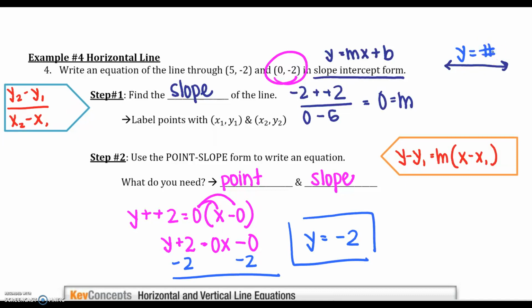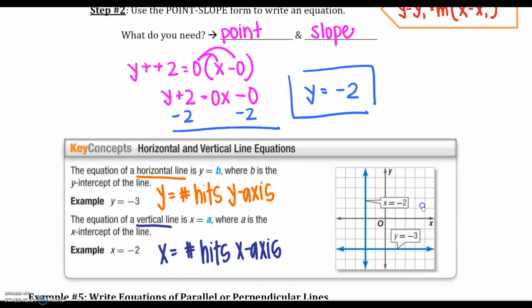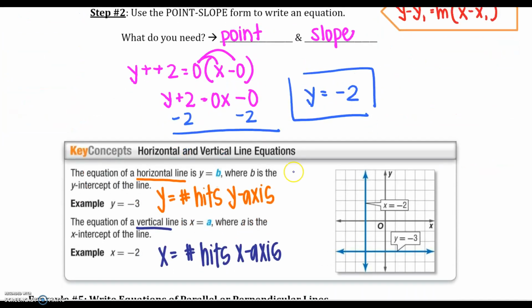So let's look at that key concept right below that. If it is a horizontal line, I know I'm going to hit my y-axis. So my equation would be y equals the number where it hits the y-axis. And then that's how I remember how these equations go.